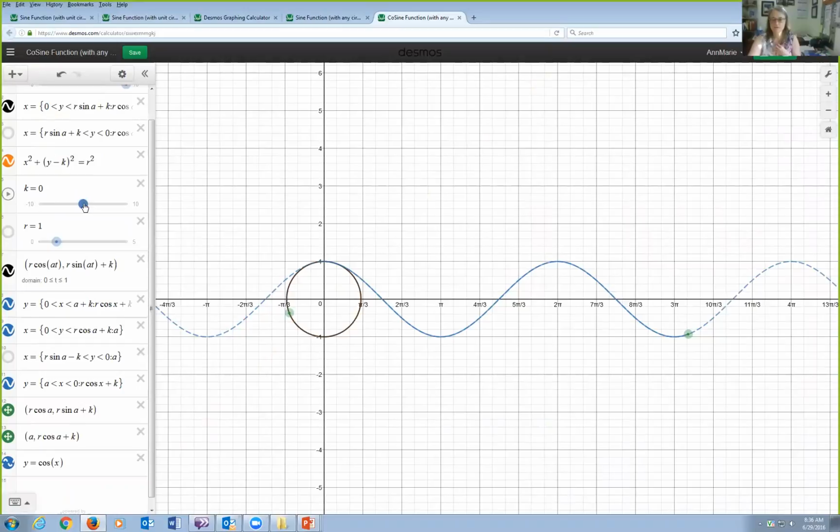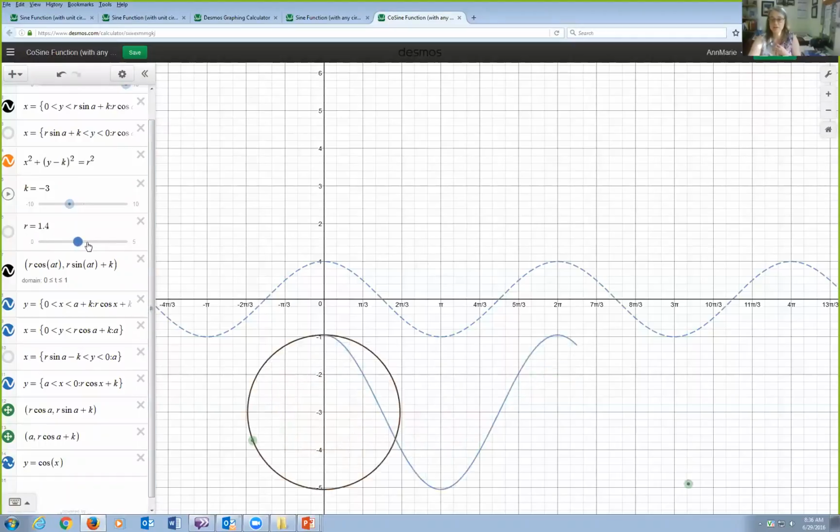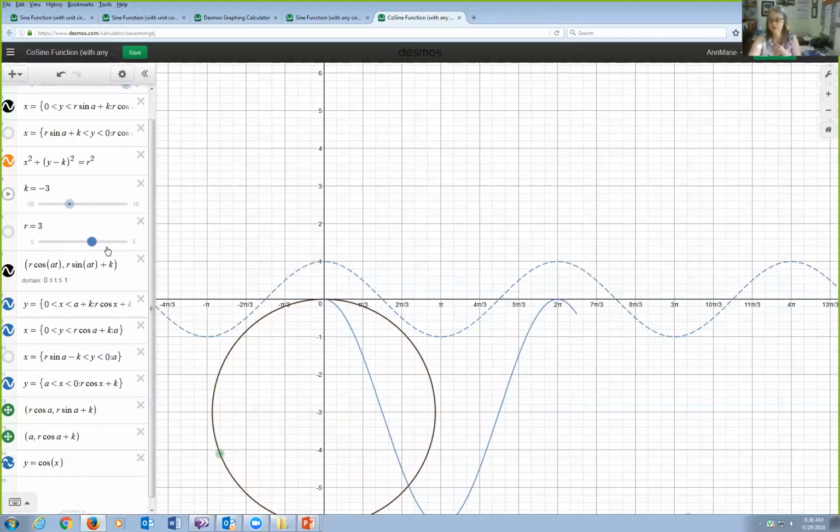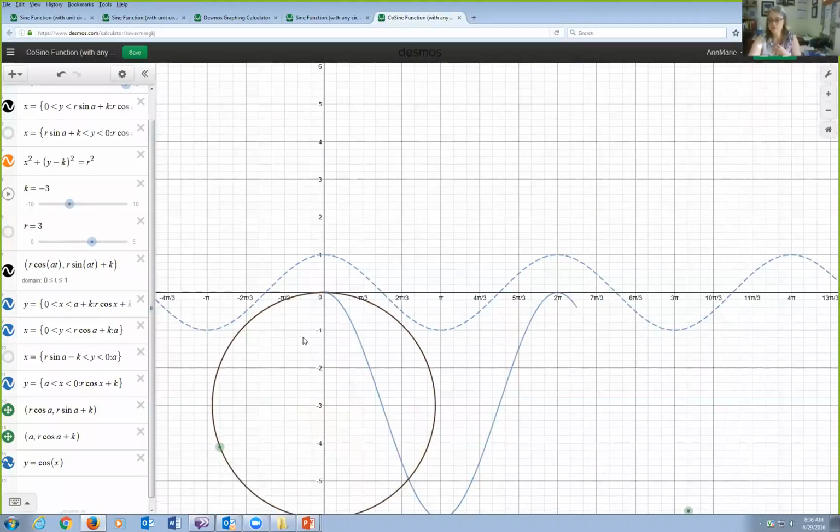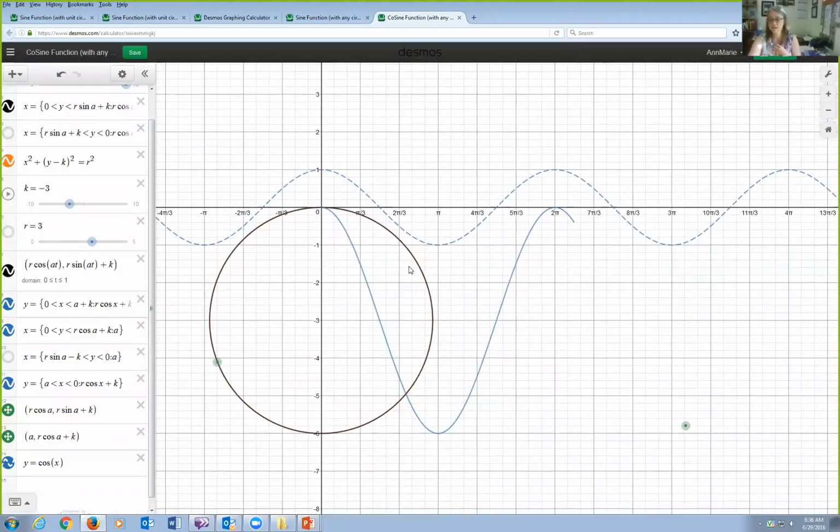If I move my circle down, let's say I center my circle at -3, you can see that my cosine curve just moves down. And if I make my circle bigger, you can see that my cosine curve gets stretched vertically.